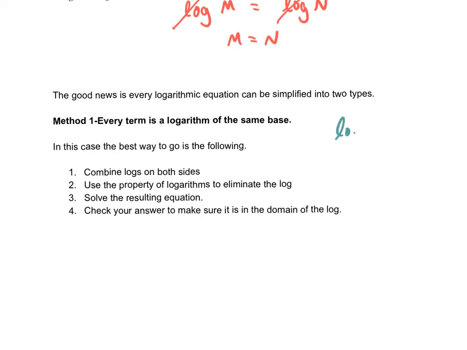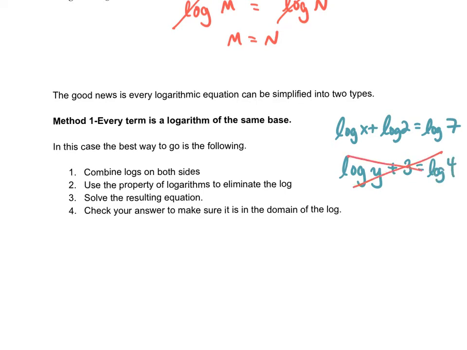So something like log x plus log 2 equals log 7, where all those terms have the word log, I can use this method. Something like log y plus 3 equals log of 4 you cannot do this way, because that 3 does not have the word log.